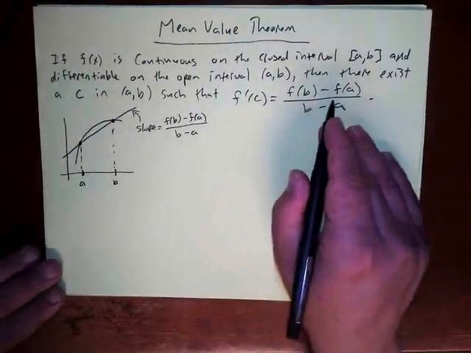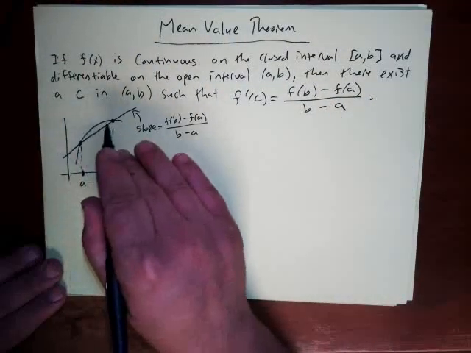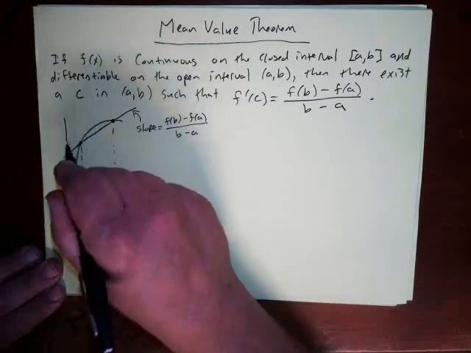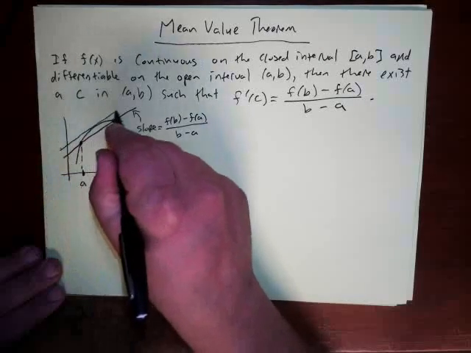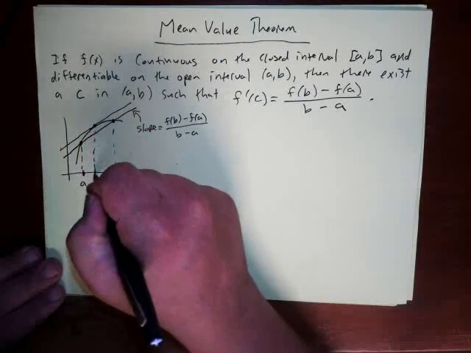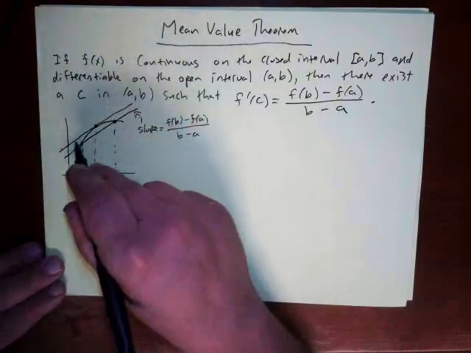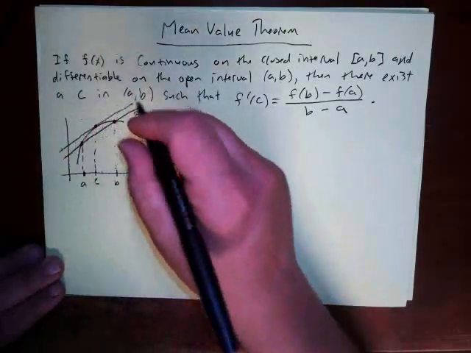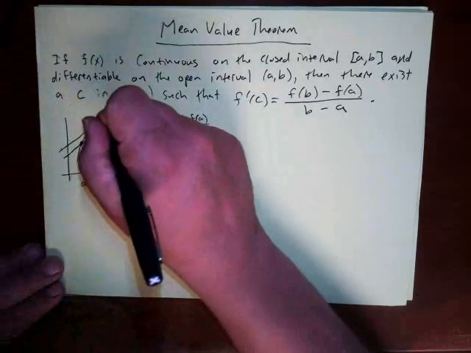What this theorem is saying is that if this function is continuous on the closed interval and differentiable on the open interval, then there's going to be some c in here where the tangent line is parallel. I don't know how well I drew it here, but there's going to be some c where the tangent line of the function has the same slope as the secant line, or where the instantaneous rate of change of the function at that point is equal to the average rate of change of the function over the interval.